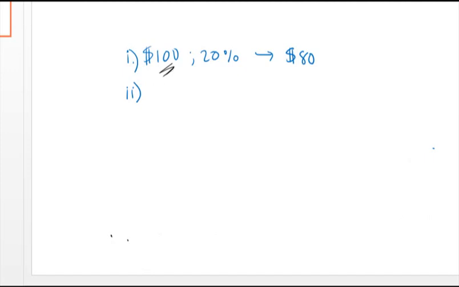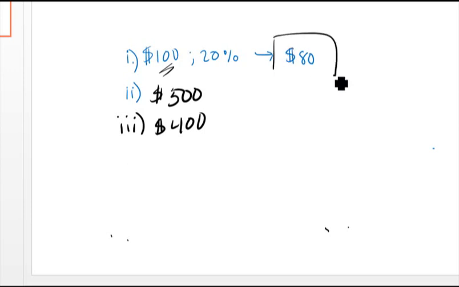Or you could take a multi-step process to get there. So let me put $500 back down for part 2, and now we're doing part 3. Again, you could take the $500, subtract the 100 because you know it's already in the money supply, and write 400. But let's say you didn't know how to do that. We said that $80 is going to be lent out from the initial deposit.